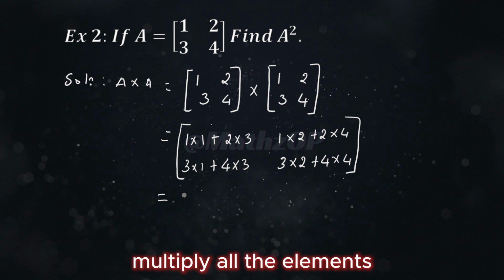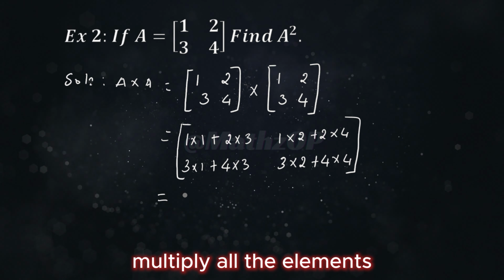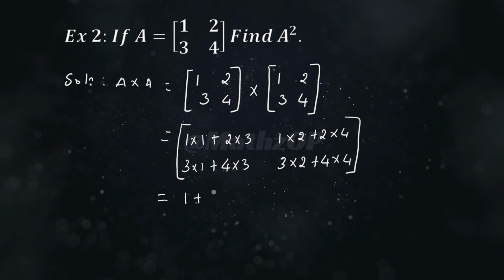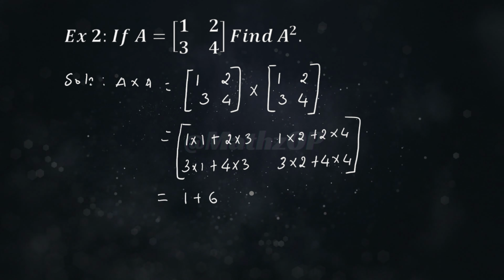So let us multiply all the elements. 1 into 1 is 1 plus 2 into 3 is 6, 1 into 2 is 2 plus 2 into 4 is 8, 3 into 1 is 3 plus 4 into 3 is 12, 3 into 2 is 6 plus 4 into 4 is 16.